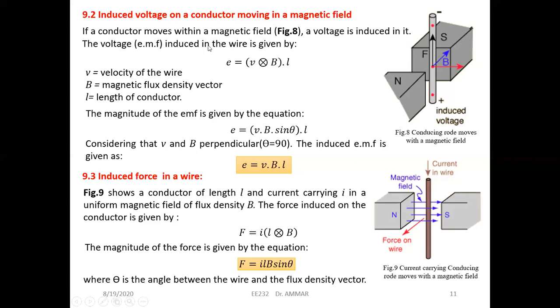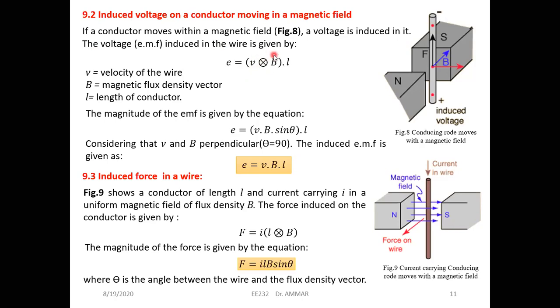If a conductor moves within a magnetic field, we don't care if the magnetic field is AC or DC, the voltage is induced. The induced EMF in the wire is given by this expression: V, the velocity of the wire, cross product the magnetic field density B.